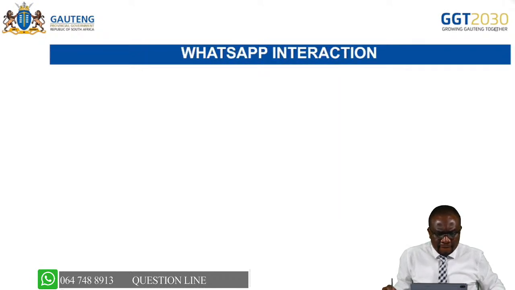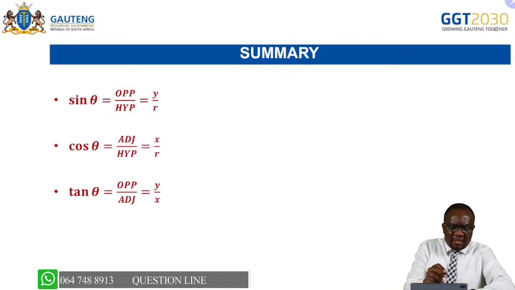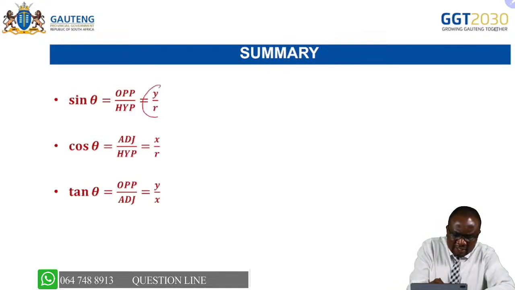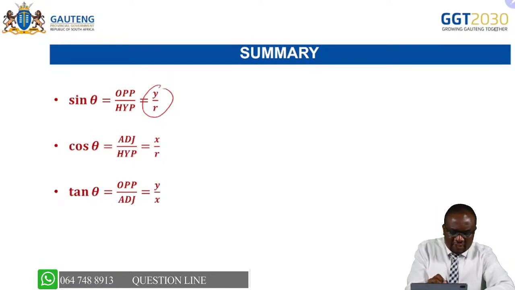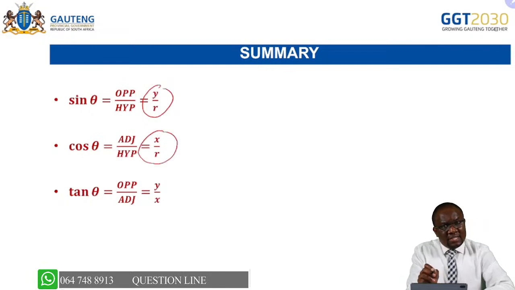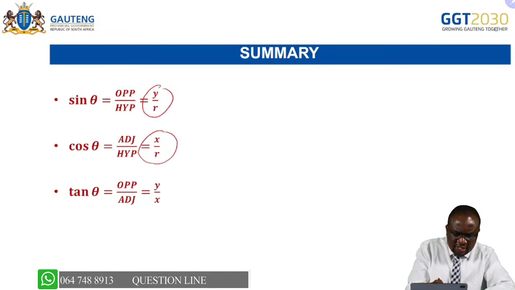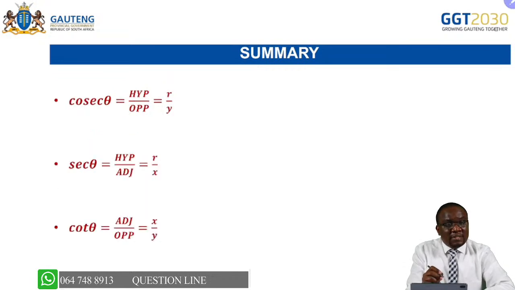We've been interacting during the lesson. Remember, sine theta is y over r, opposite side over hypotenuse side. Cos theta is x over r, adjacent side over hypotenuse side. Tan theta is y over x, opposite side over adjacent side. Today we learned about the reciprocals of trigonometric ratios.